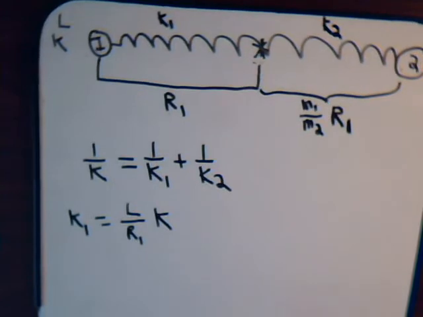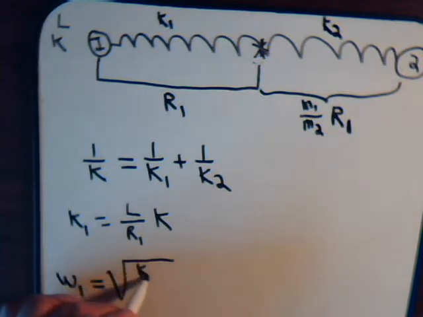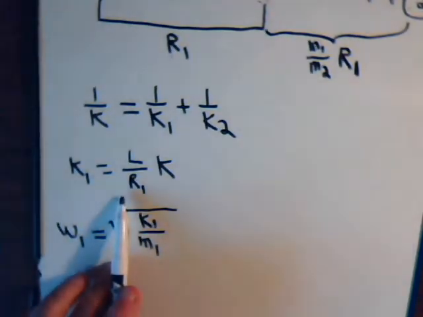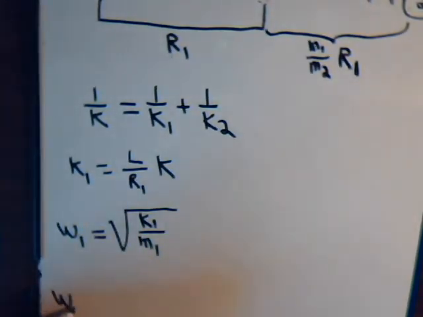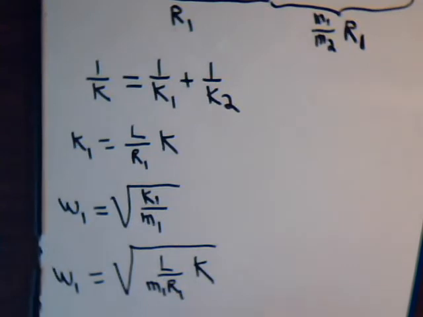So now we can say that omega 1, the square root of K1 divided by M1, will be just this divided by M1. So we have omega 1 equals the square root of L over M1 R1 times K. So there then is the oscillation frequency of the first block.